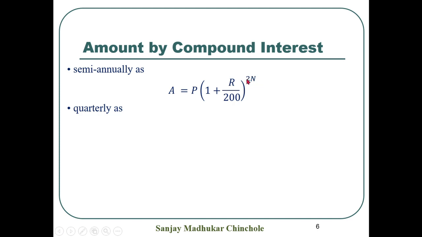So here instead of n we are going to use 2n, and R is the rate of interest per cent per annum, but here in this case we are going to compound interest half yearly. We have to use half of the per annum rate of interest. So here we have R upon 200 instead of R upon 100.